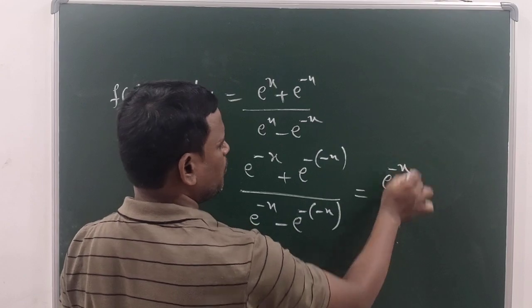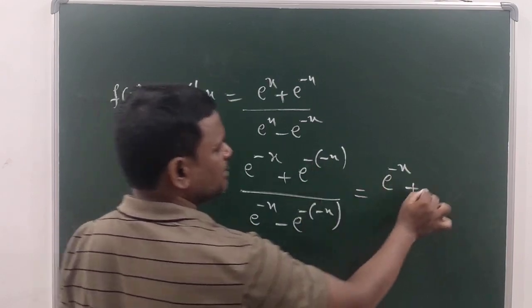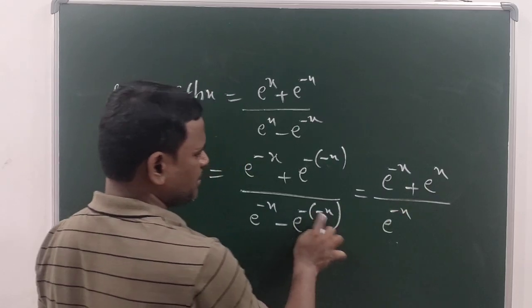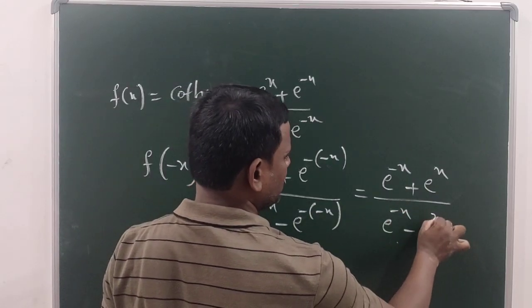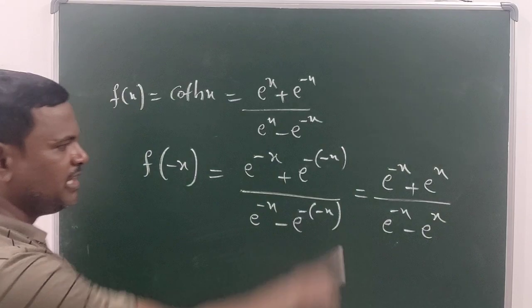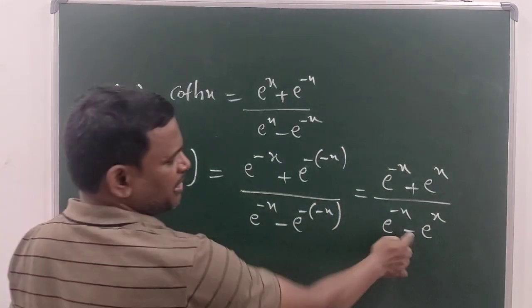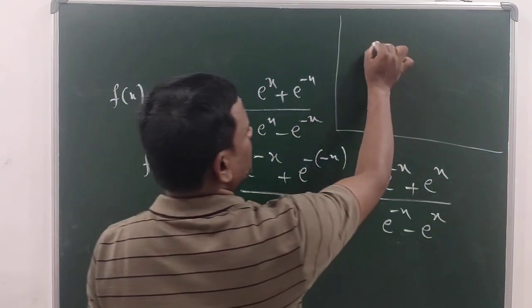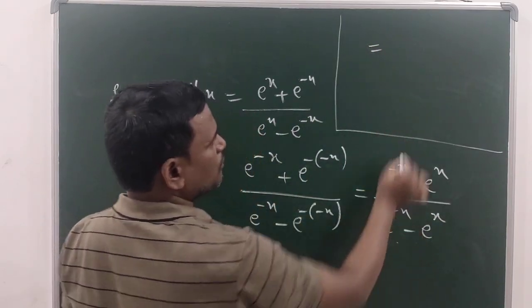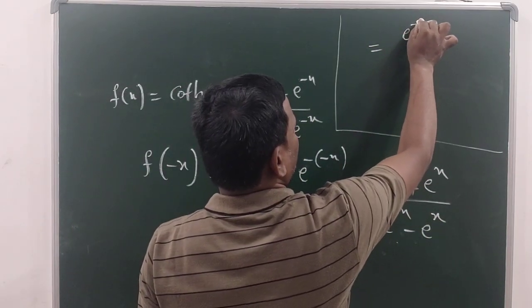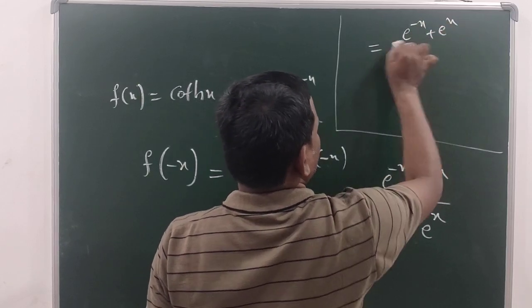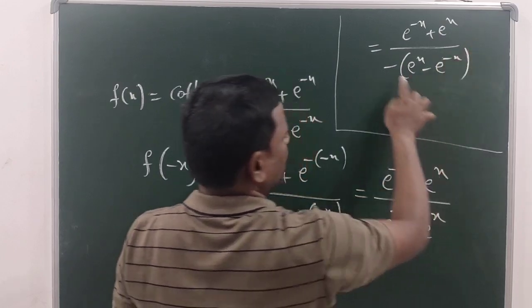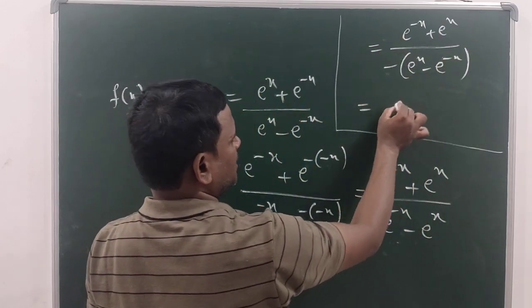What do you get? e^-x, minus of minus plus, e^x, by e^-x, minus of minus plus, e^x will come. Thereafter, from the denominator take minus common. When you take minus common from the denominator, what do you get? (e^-x + e^x)/(e^x - e^-x). This minus you can write in the numerator place.